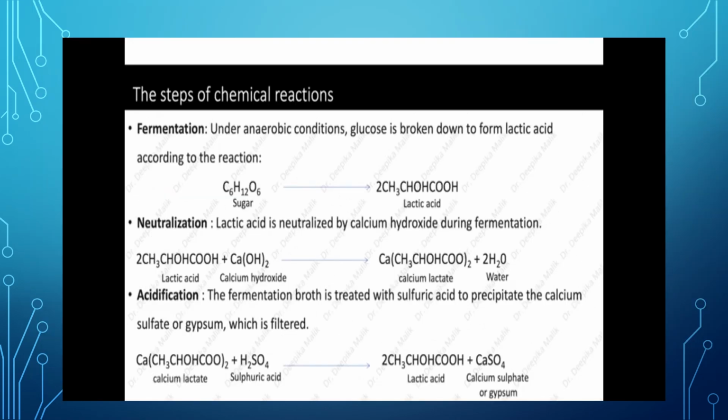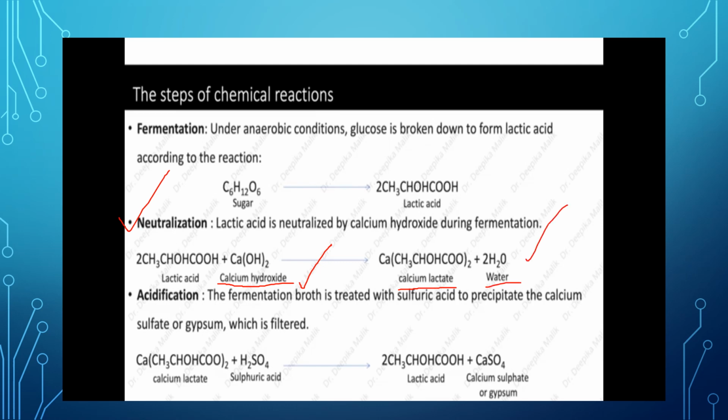Here you see that during the fermentation, first of all, your sugars are converted to lactic acid. During the recovery, first of all, we will have to perform the neutralization step. What happens in the neutralization step? We will add calcium hydroxide here. This calcium hydroxide neutralizes your lactic acid by forming calcium lactate and water.